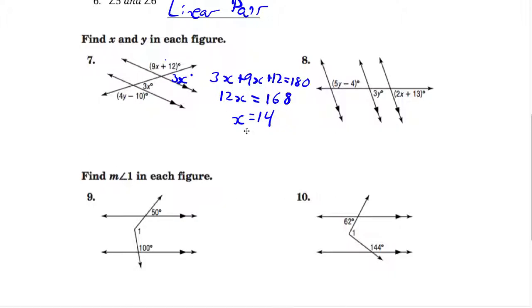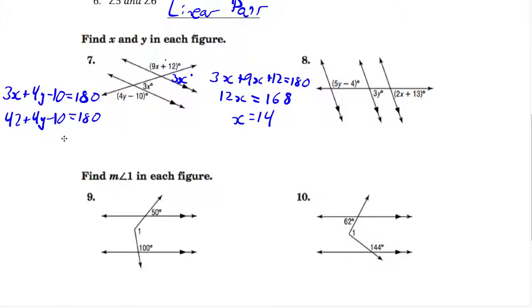Now, knowing that x is equal to 14 is helpful because if you think about it over here, I could say that these two angles are a linear pair, which gives me 3x plus 4y minus 10 is equal to 180. Looking at this equation, I can't solve without knowing one of the variables. But if I plug in 14 times 3 as 42, then what actually happens is I have this equation with only one variable.